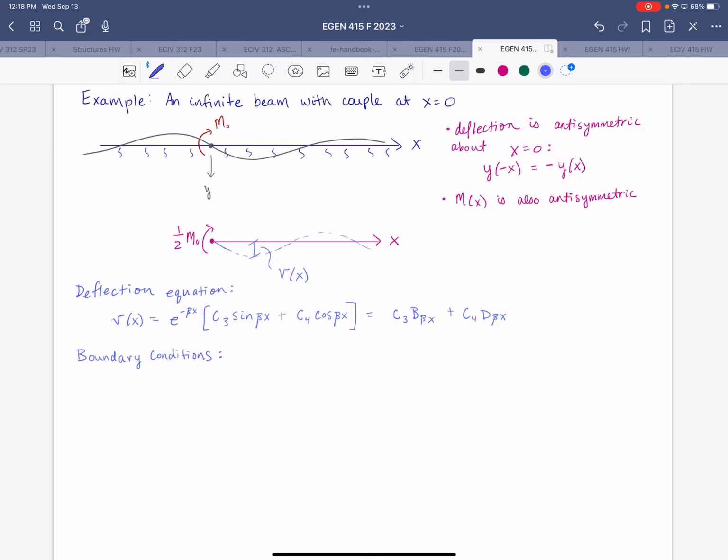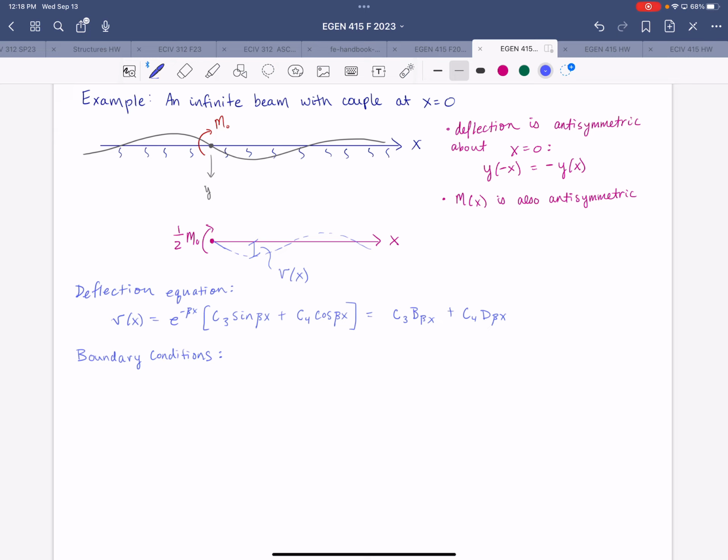Deflection is 0 when beta x equals 2 pi. Good thinking, but the wavelength isn't necessarily 2 pi. We'll get into that later. Deflection's also 0 at infinity, right? Yes, but infinity is a really inconvenient number to plug in. True. I actually haven't tried that. Maybe it would work, maybe not.